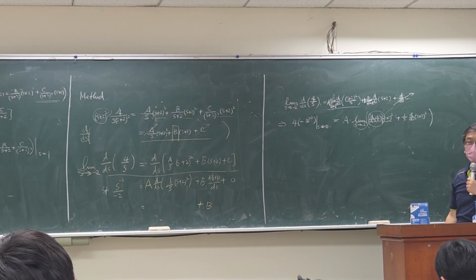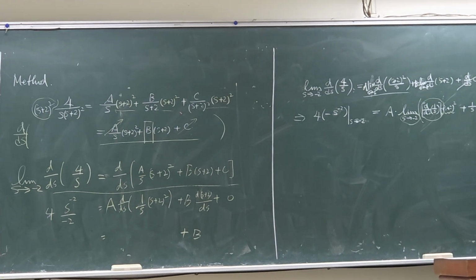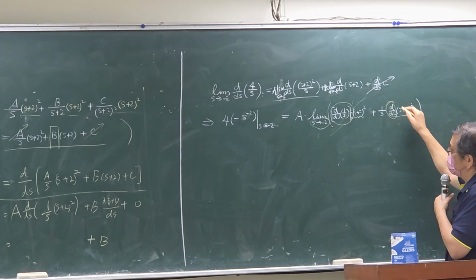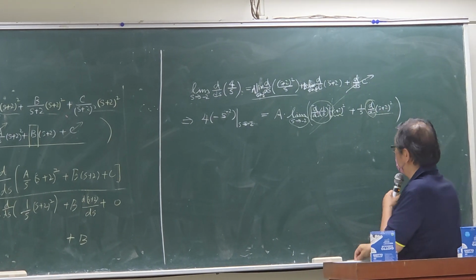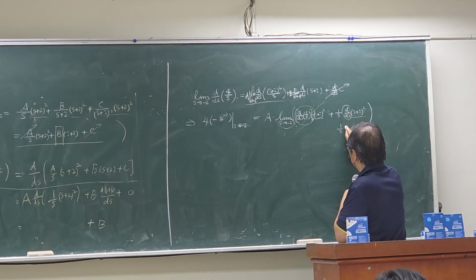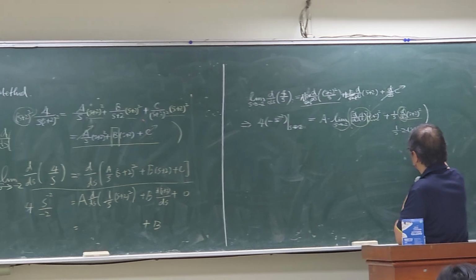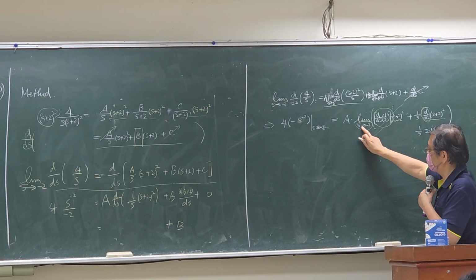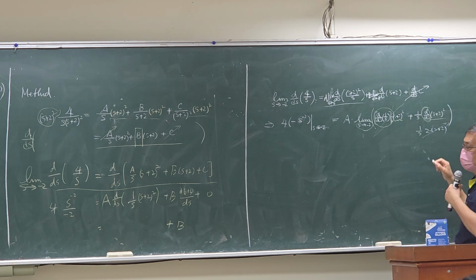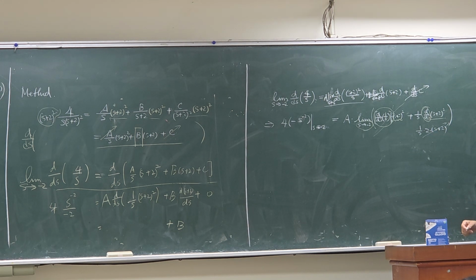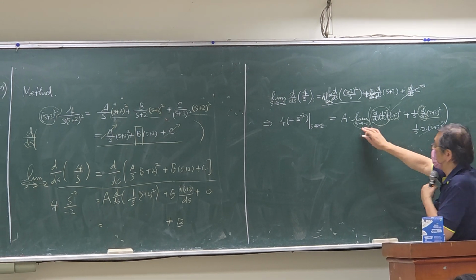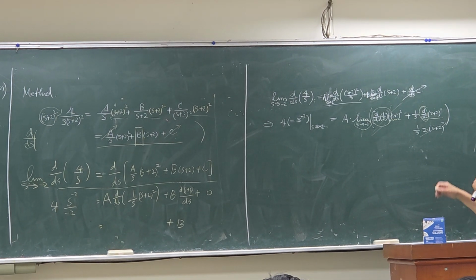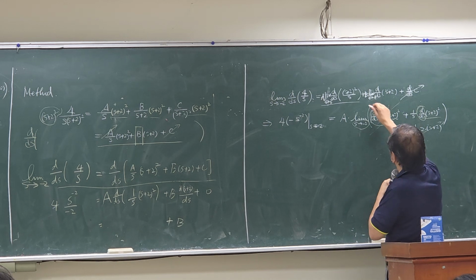What about the second term? Again, this is (s plus 2) squared. Differentiate with respect to s, this is equal to 2 times (s plus 2). Again, if I let s approach negative 2, this will disappear. So both terms are zero.